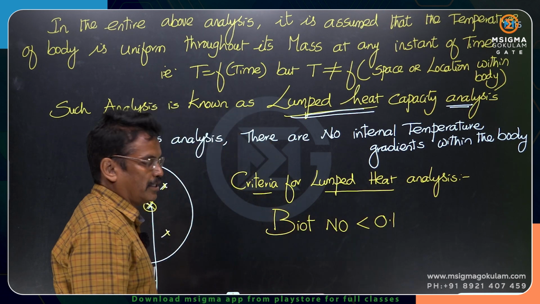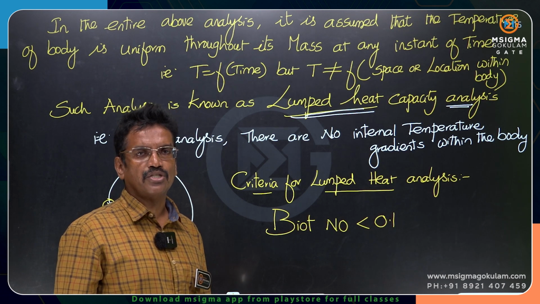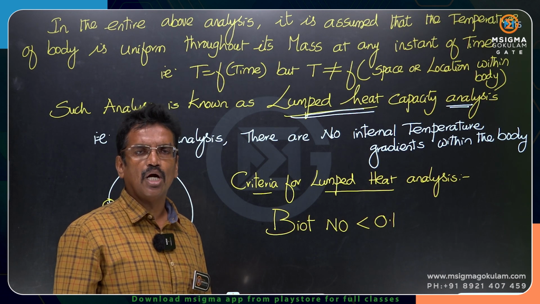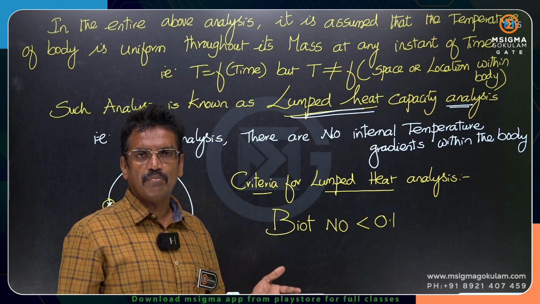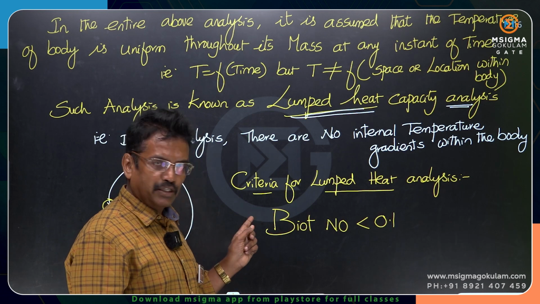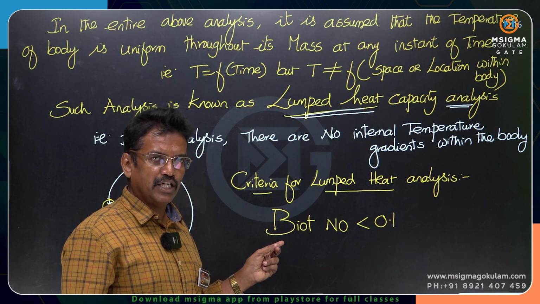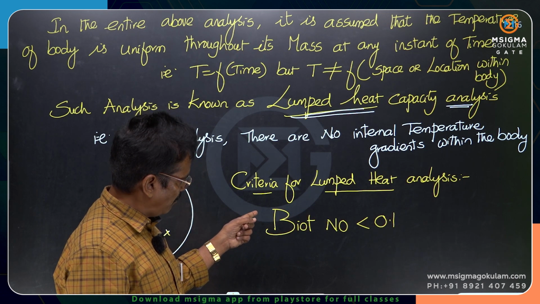This is the first dimensionless number I am writing. In heat transfer, we come across many dimensionless numbers in future: Nusselt number, Reynolds number, Prandtl number, Grashof number, Stanton number, etc. But in conduction we come across fewer numbers. The first number I am introducing is the Biot number.